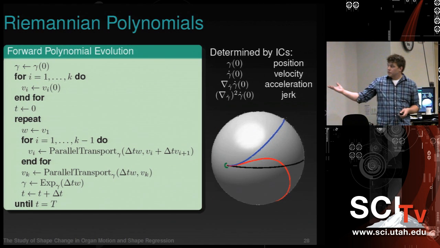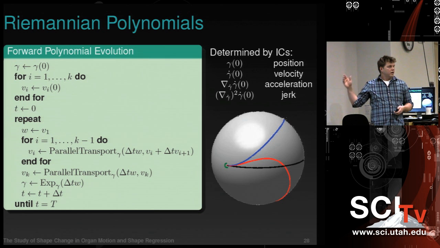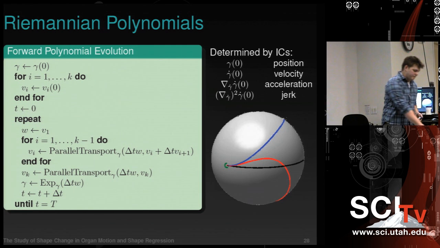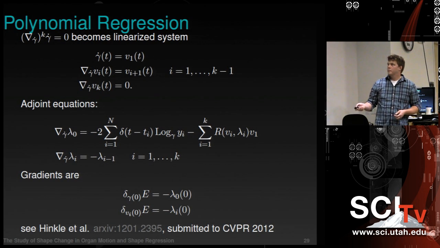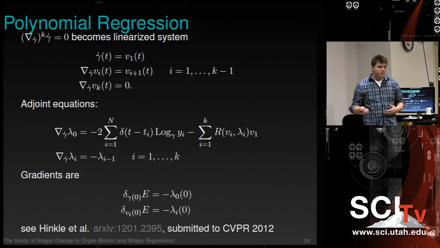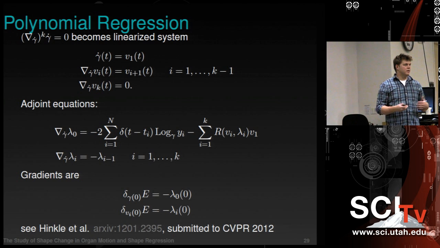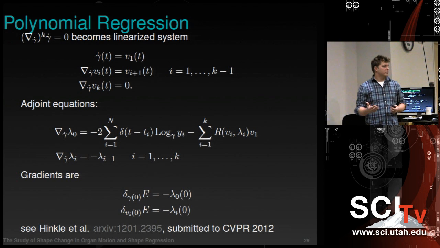So now that we can integrate these things forward, and as I said, they're parameterized by initial conditions, how do we estimate the proper initial conditions given a set of data? This is one of the big contributions of this arXiv paper that I've posted online, where we derive an actual algorithm that extends the adjoint method of optimization to Riemannian manifolds.